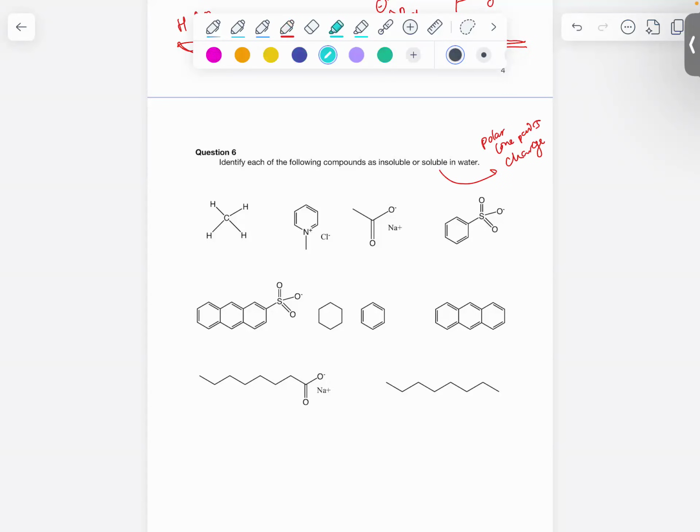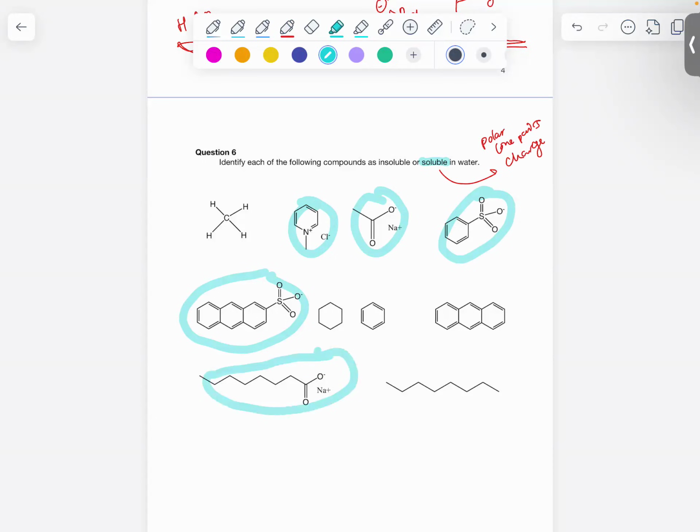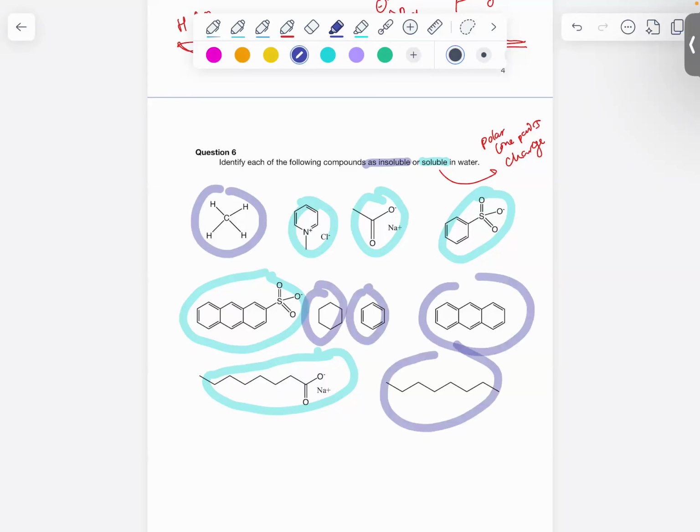And so I'll just go through and highlight those that have charge and lone pairs. And so those that don't are relatively insoluble in water.